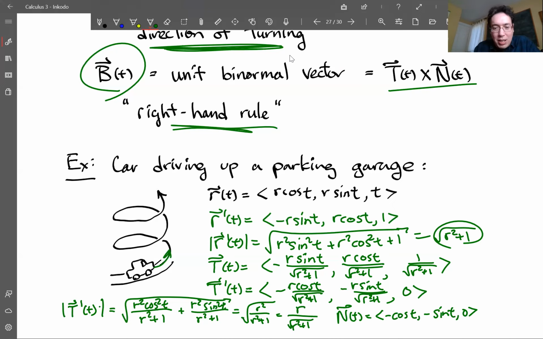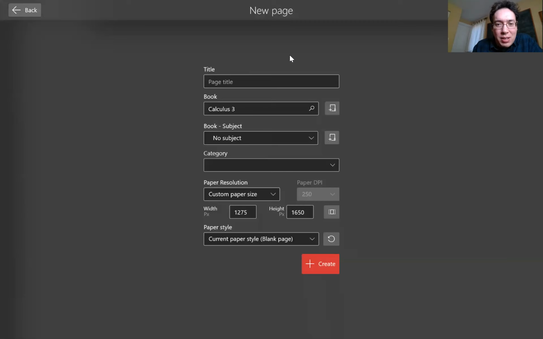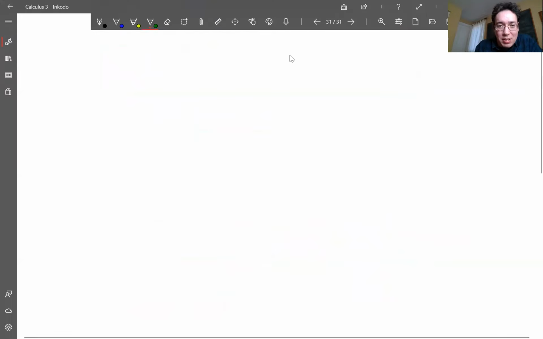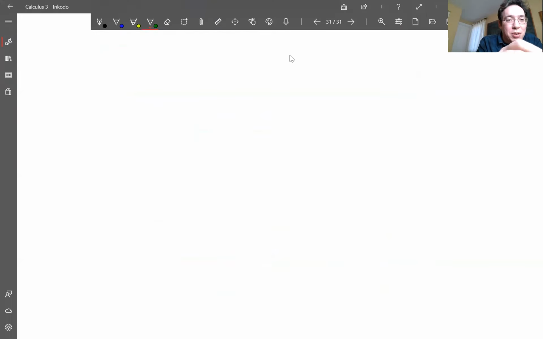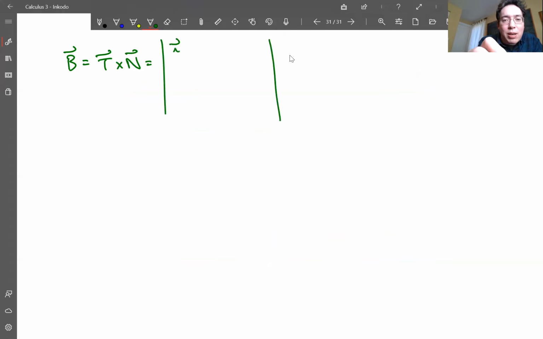I didn't give myself enough room to compute the binormal, so let me squeeze in a new page. To get the unit binormal, we're looking at the cross product.